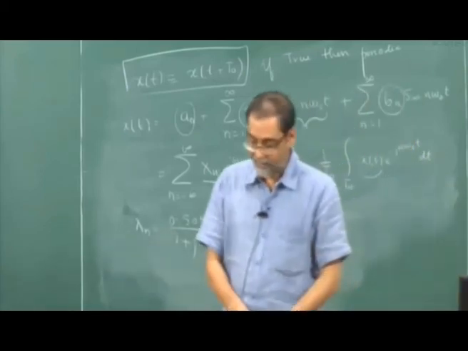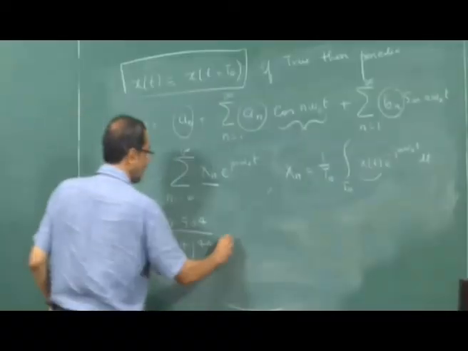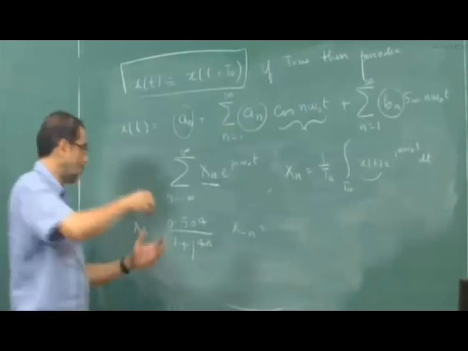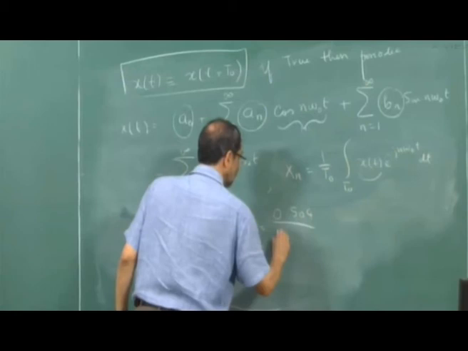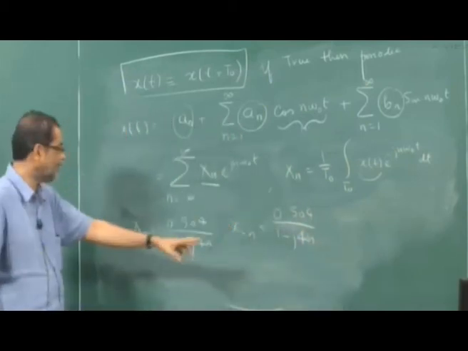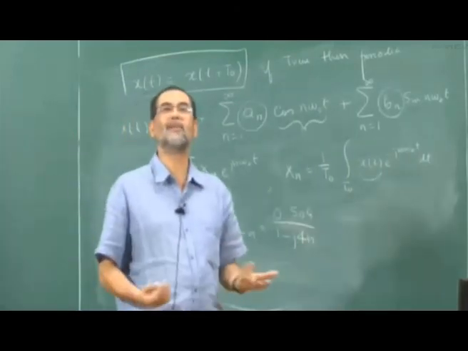I would like you to see that your xn is complex. If you take xn and x of minus n, for plus 1 and minus 1, it is 1 minus j 4n. N is negative, so one is plus, other is minus. This is the complex conjugation property.